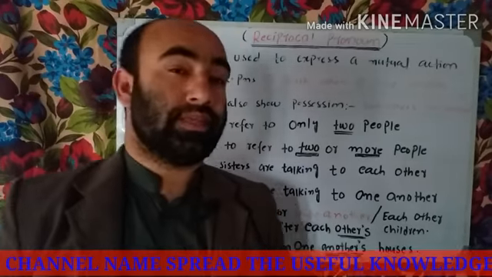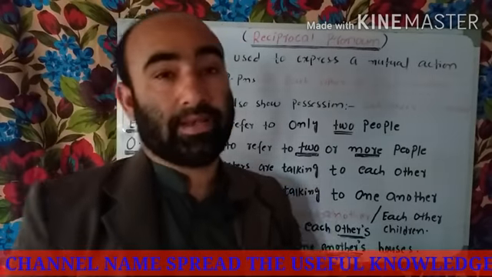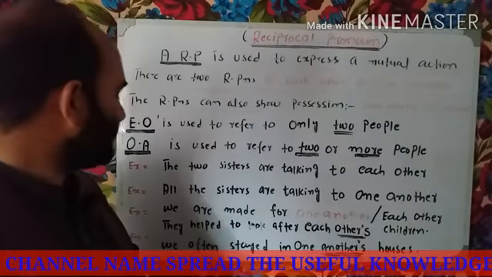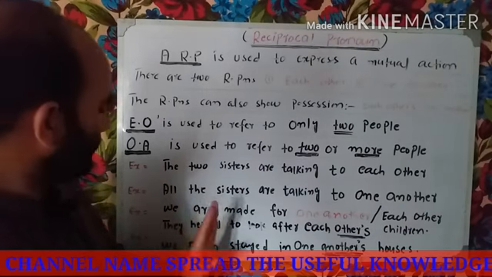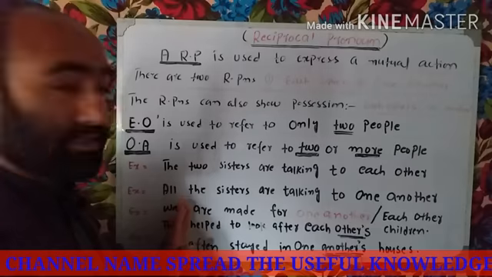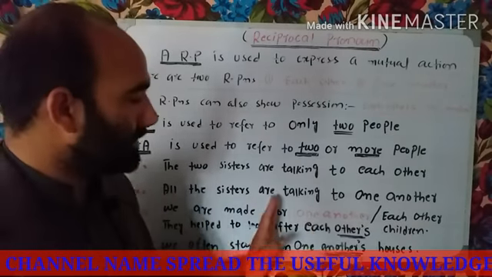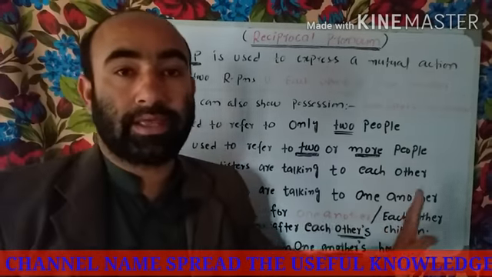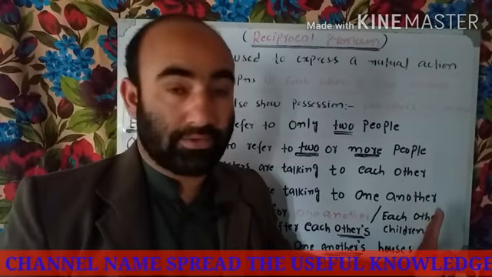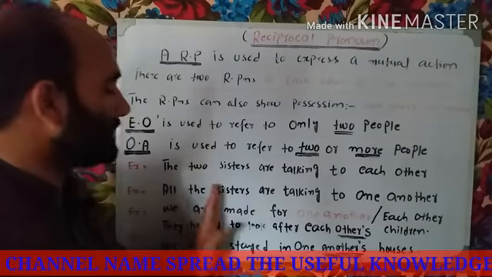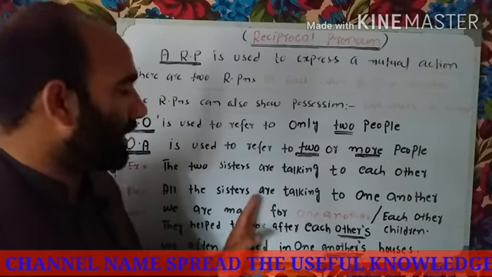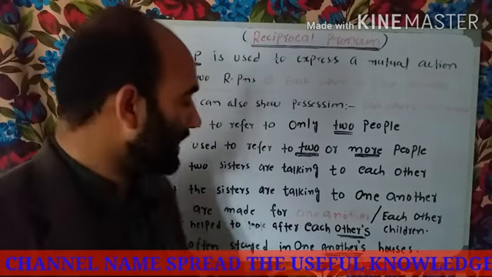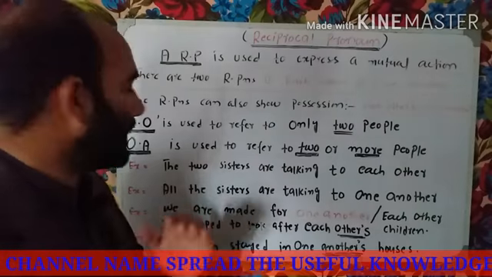For example: all the sisters are talking to one another. Now you can see that they are more than two, so there we can use one another.